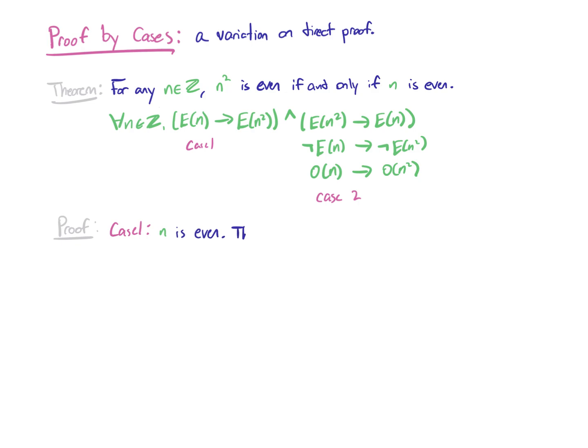So I'm going to say then, since n is even, n equals 2 times j for some integer j. Then we can do some algebra. n squared equals (2j) squared, which is equal to 4 times j squared.